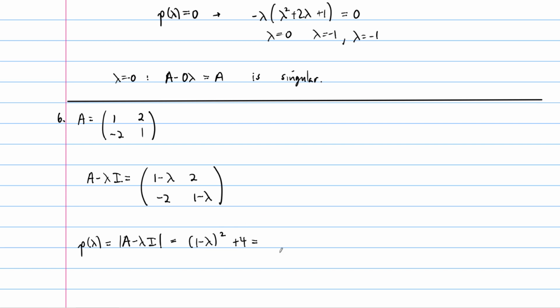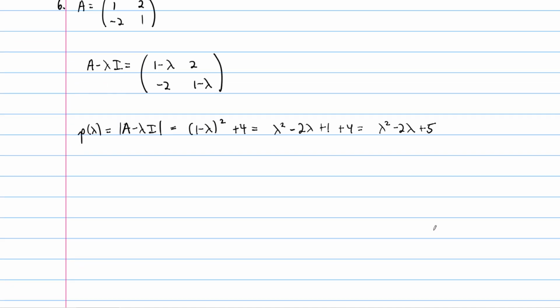This can be multiplied out to be lambda squared minus 2 lambda plus 1 plus 4, or lambda squared minus 2 lambda plus 5. And now remember, the eigenvalues are the roots of this polynomial, the zeros of this polynomial, the roots of the equation p of lambda equals 0. And so that's what we have to solve. So lambda squared minus 2 lambda plus 5 equals 0.